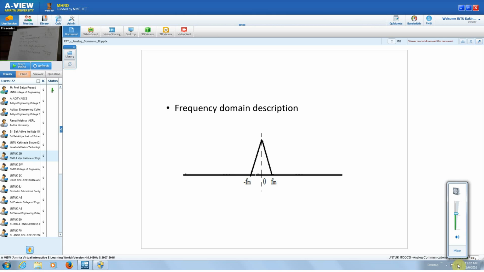Therefore, this is the importance of the carrier that we are going to have in case of SSB signal.